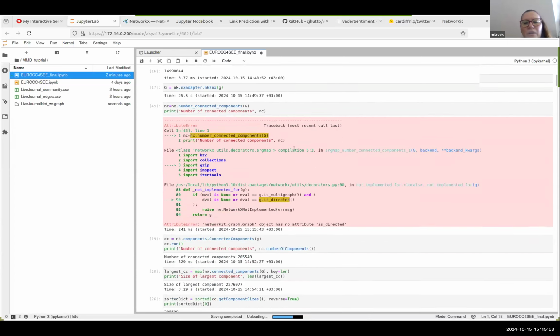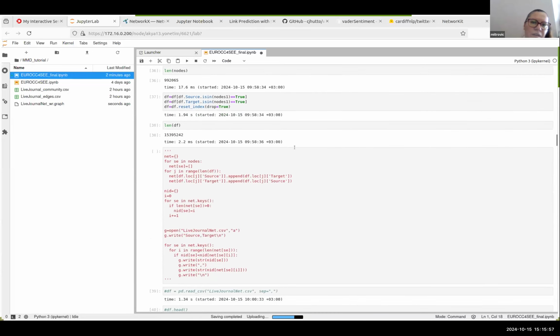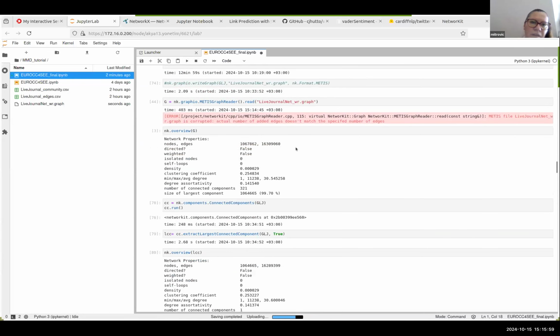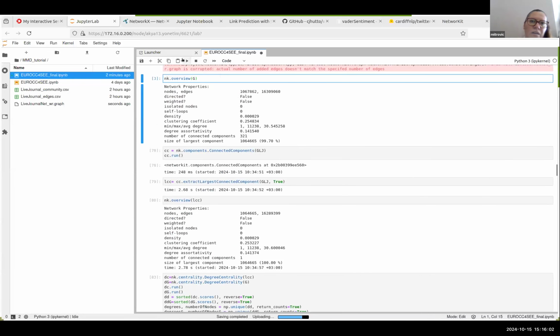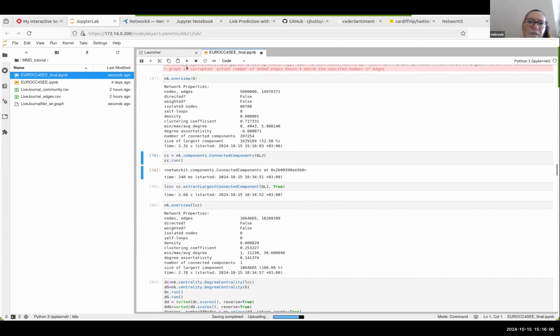We will go with the hyperbolic network. Okay. So what we have here, we can actually look at the overview of this network. What we see is that we have a network of 5 million nodes. It has quite a high clustering coefficient, and this usually means that it will also have communities.